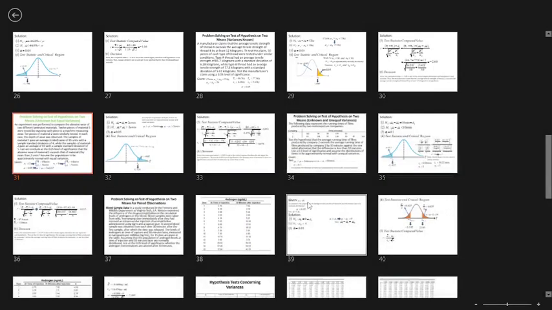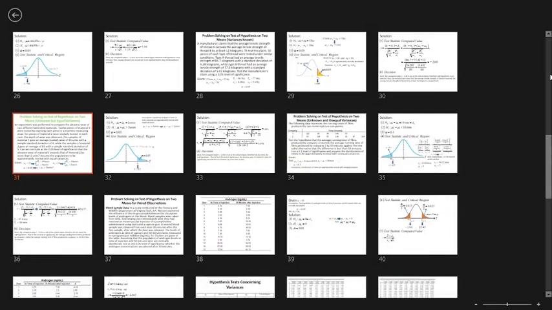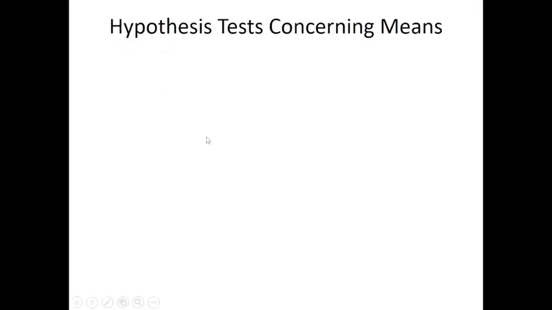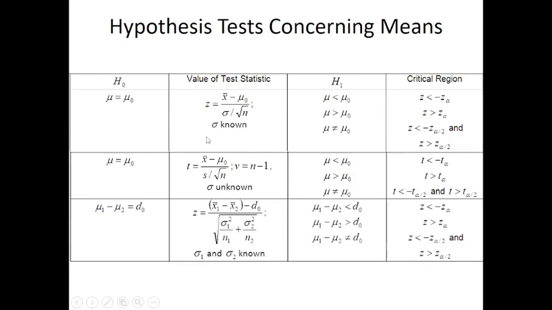So considering the table I have shown, take note: mu sub 1 minus mu sub 2, x1 bar minus x2 bar, t sub 0, sigma 1 and sigma 2 known.